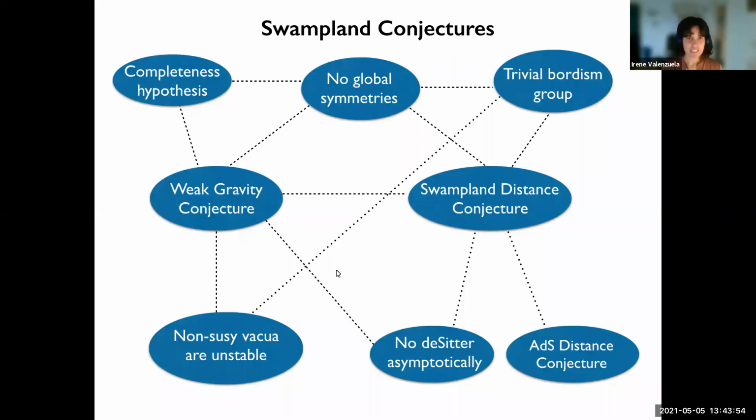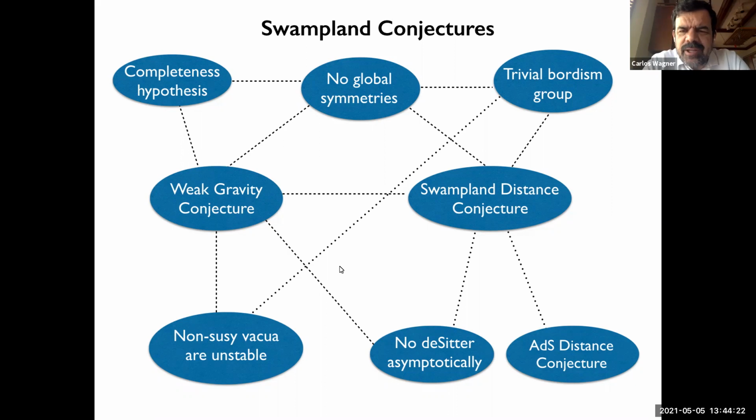The dotted lines are the relations that I will explain. Whenever there is a dotted line, there is a relation between the conjectures, which could be that one is a generalization of another or follows from another. Depending on which, it has a different meaning. We will go through it slowly, and I hope it will get clear in each case what it means.